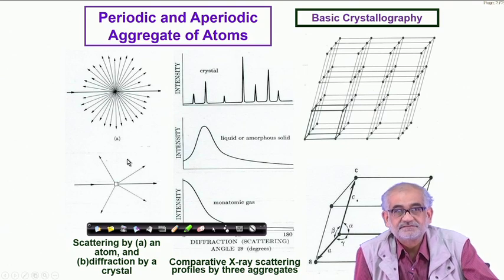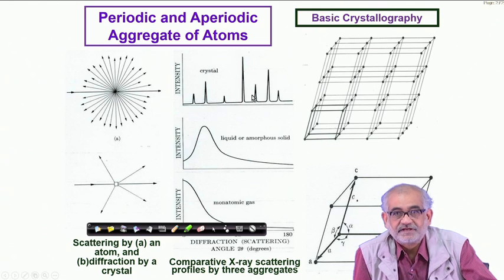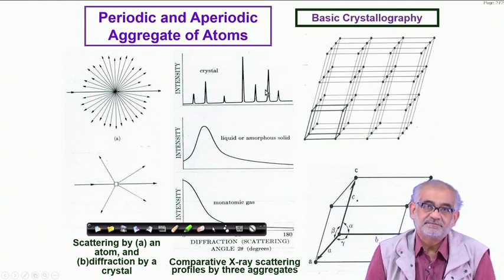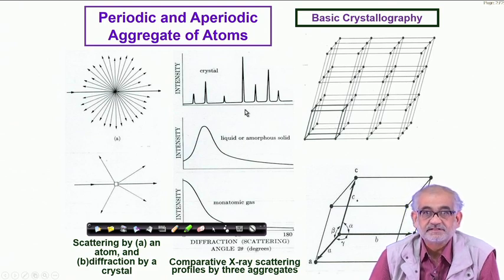So having said that, now let's imagine that we are dealing with initially a set of atoms or aggregates of atoms. And when you scatter these atoms with some electromagnetic radiation where the wavelength would be of same periodicity as the repeat distance of the atoms or ions or molecules, then you can have actually one of these three possibilities. If you have a crystalline aggregate, which I said is essentially characterized by three-dimensional periodicity, you're likely to see a fingerprint like this, where this is essentially intensity versus angle of incidence.